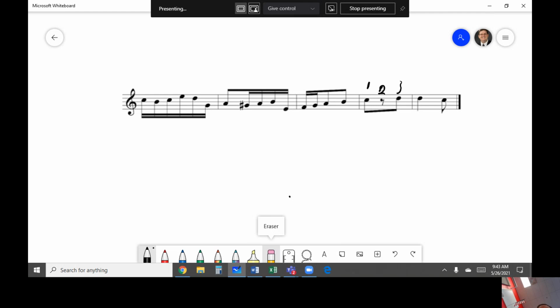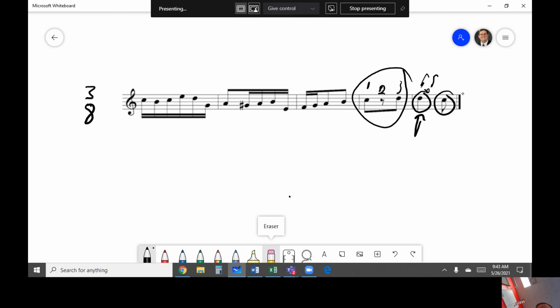Now, if I were just to look at that measure, I would call it 3 beats, and the eighth note gets the beat. If I were to look at this one right here, well, this is the quarter note followed by an eighth note. We know that 2 eighth notes fit into 1 quarter note. So really that's just 2 eighth notes tied together.